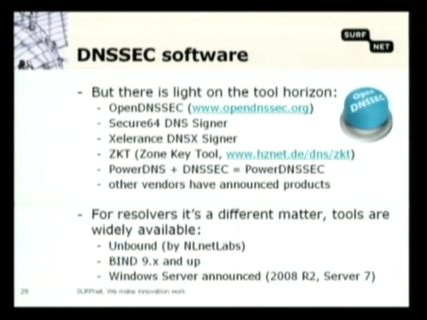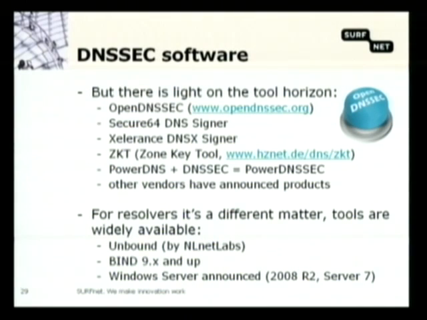It is an open source DNSSEC signer, which should make it really easy for you to sign your zones. There are commercial appliances available from Secure64 and Accelerants. There are other open source projects like ZoneKey tool, which makes it really easy to sign your zone. And Bert Hubert from PowerDNS announced yesterday that he's working on PowerDNSSEC, which he thinks should be a turnkey solution to deploy DNSSEC.